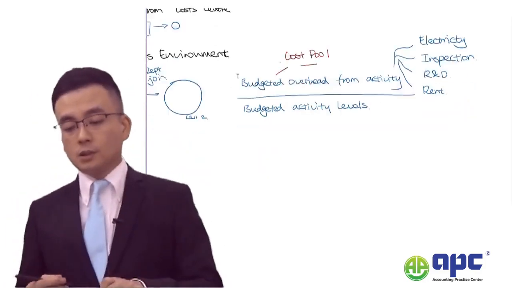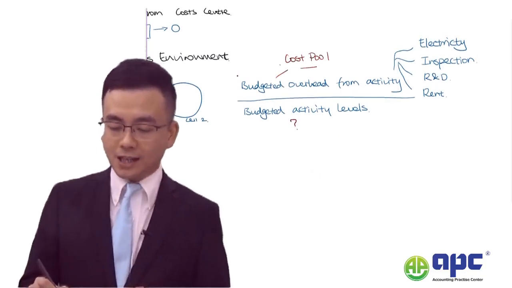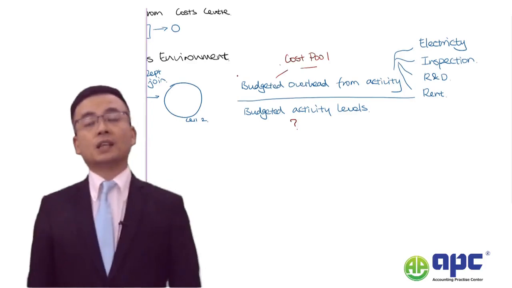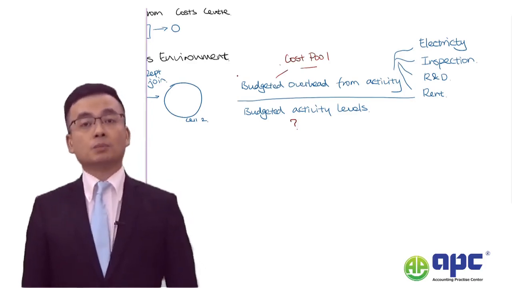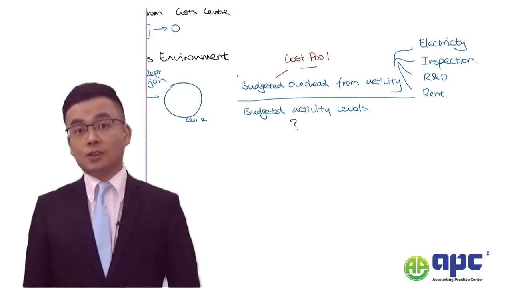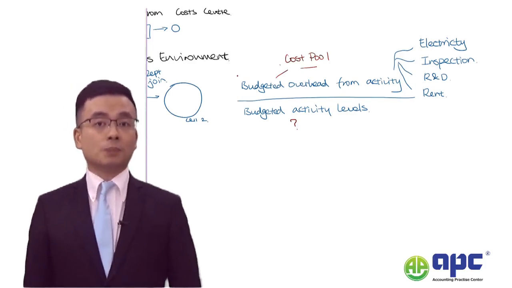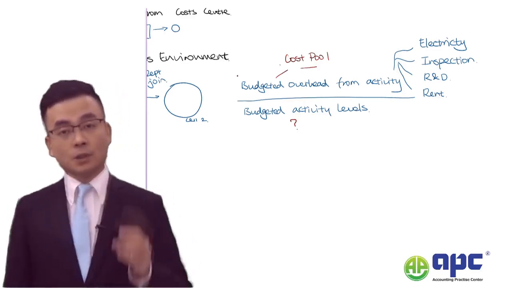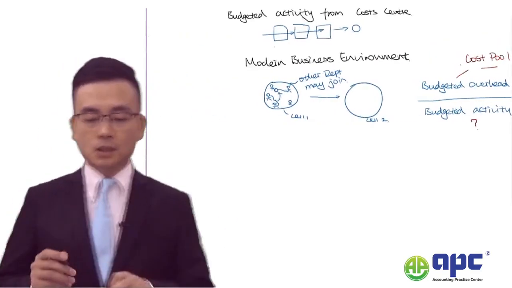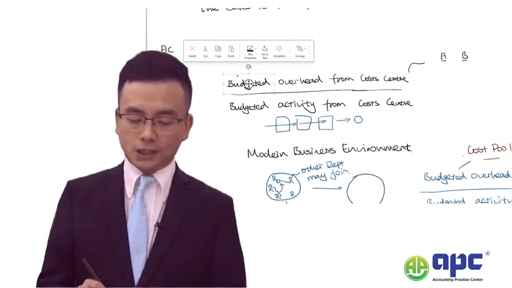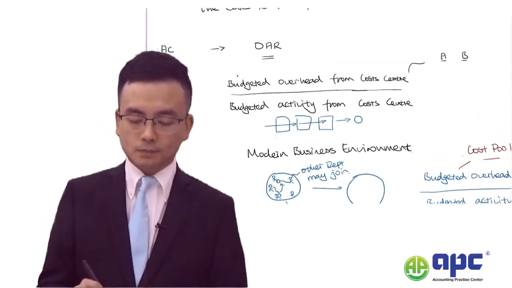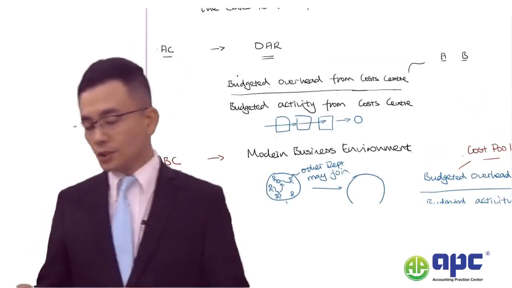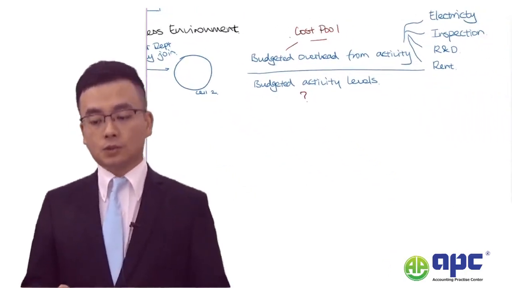Of course, the way they estimate the budgeted activity level, same as what we've seen in the OAR, overhead absorption rate calculation, will also be quite arbitrary and not accurate at all. For the budgeted activity level in ABC, or activity-based costing, we can use 2 types of activity levels.